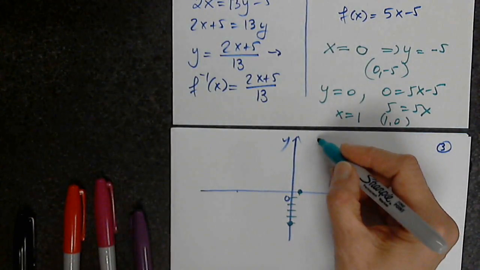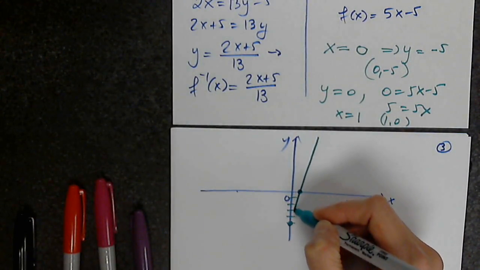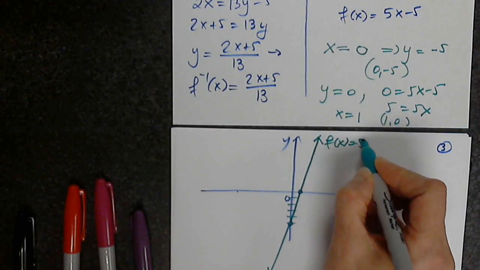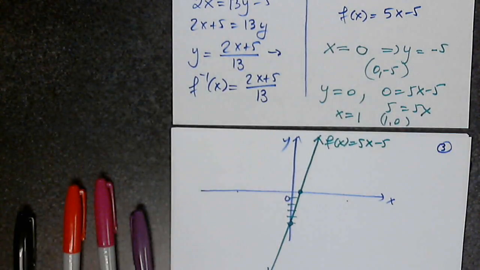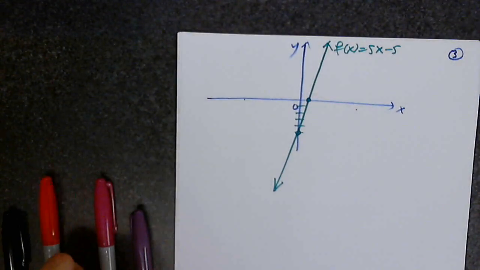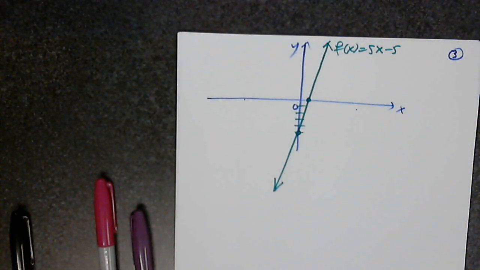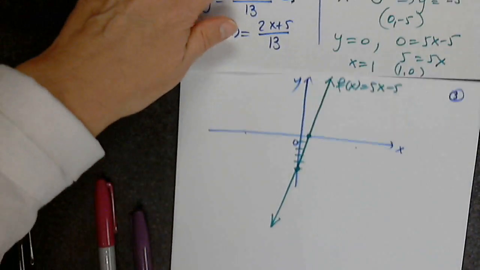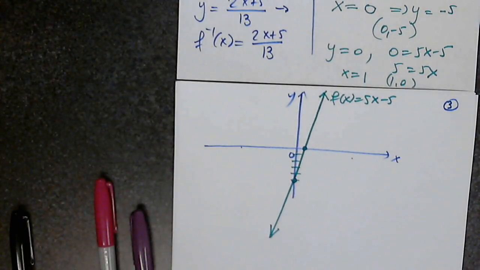I graph the function. So f of x equals 5x minus 5. We know it's 1-to-1. We know it has an inverse. We have not been asked to find the inverse function, but we're asked to graph the inverse function.